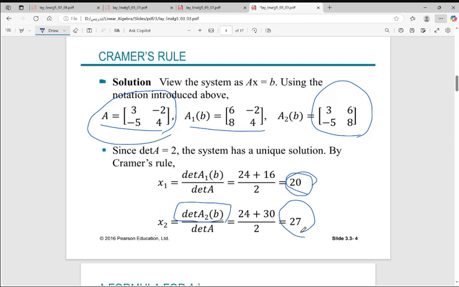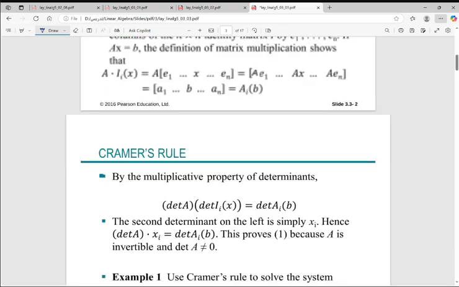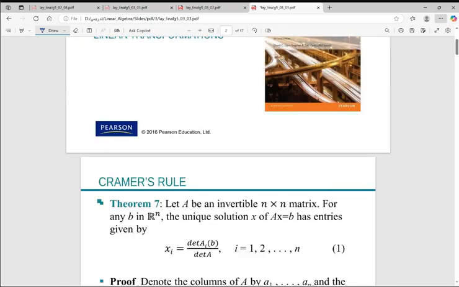In general, if we have n entries in vector x, we can compute x1, x2, x3 to xn. xi equals determinant of AiB over determinant of A. Is it clear to you now?